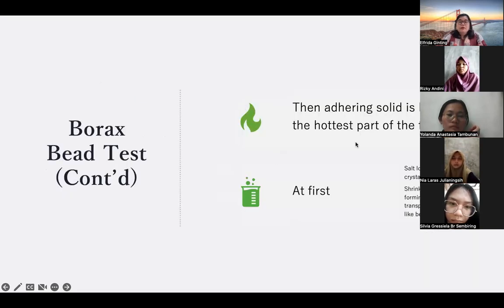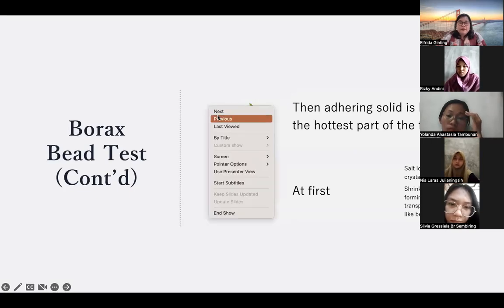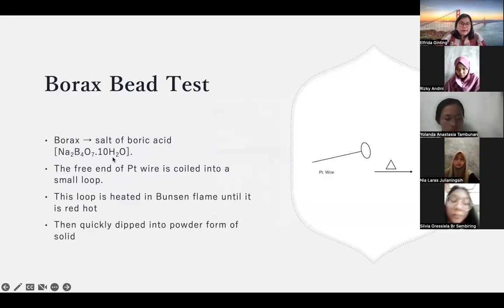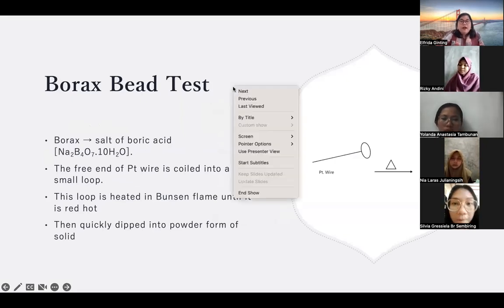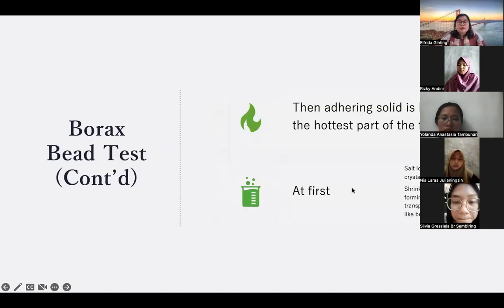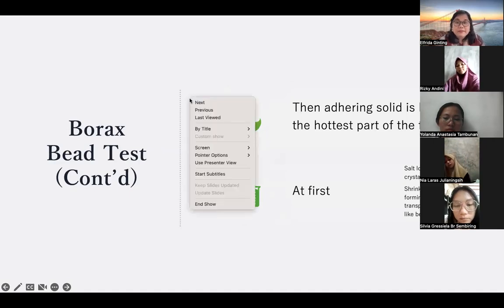And what happens is, when you heat it, remember this one has ten H2O. After you heat it, the water of crystallization disappears. And in the loop, you have a glass, because borax is basically like a glass, like a bead.